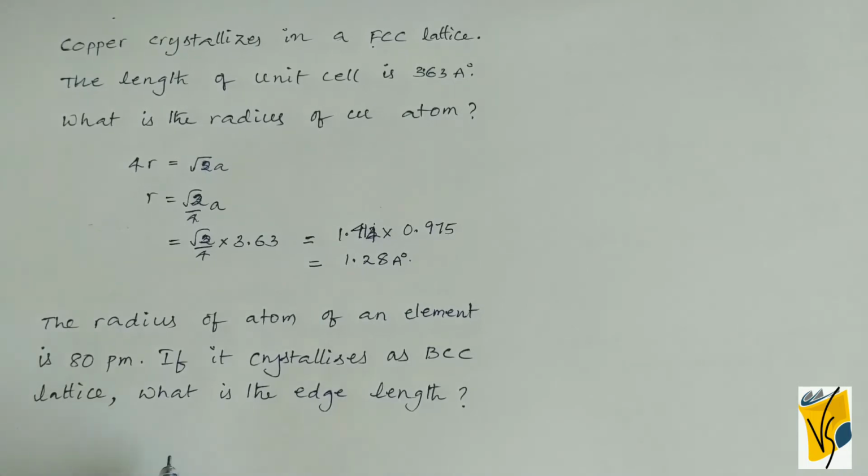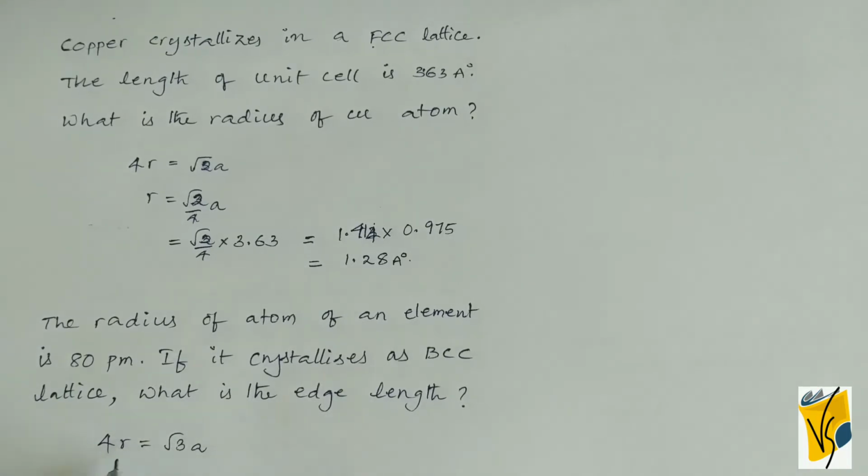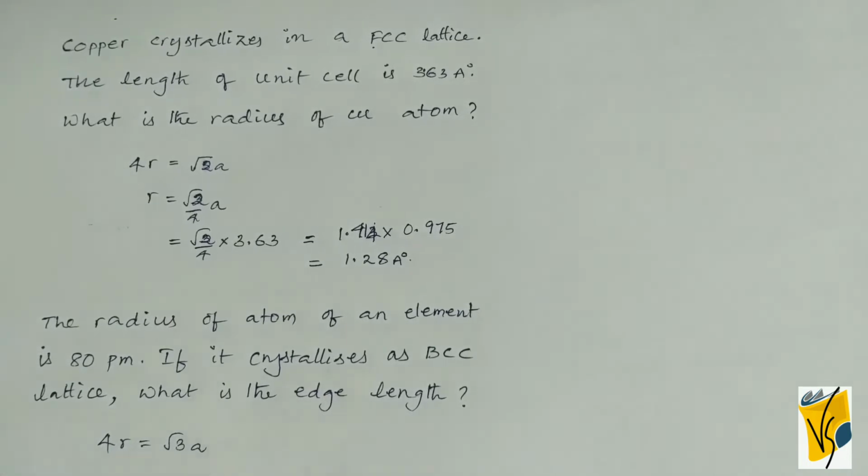Radius and edge length are related in body centered cubic as 4r is equal to root 3a. So here radius is given and edge length we have to find out. So a is equal to 4r by root 3, right? This is the formula.